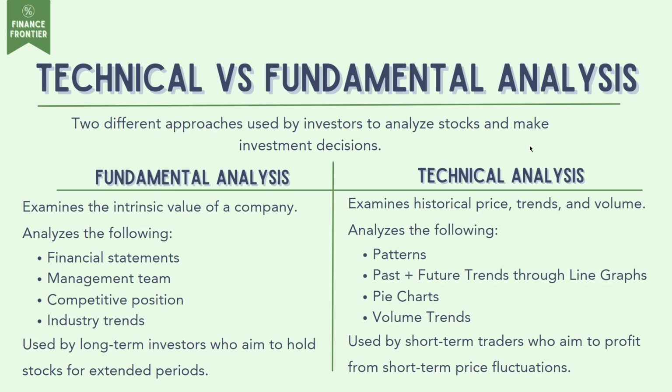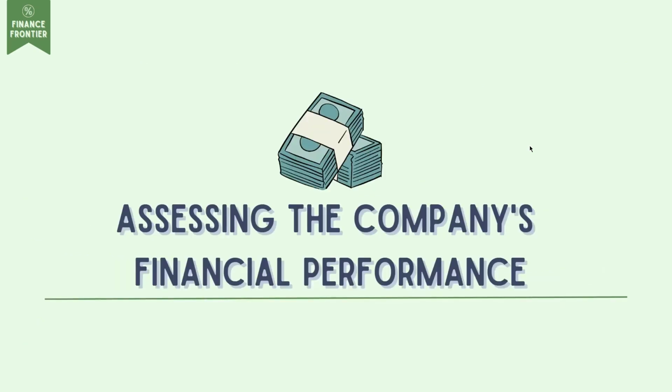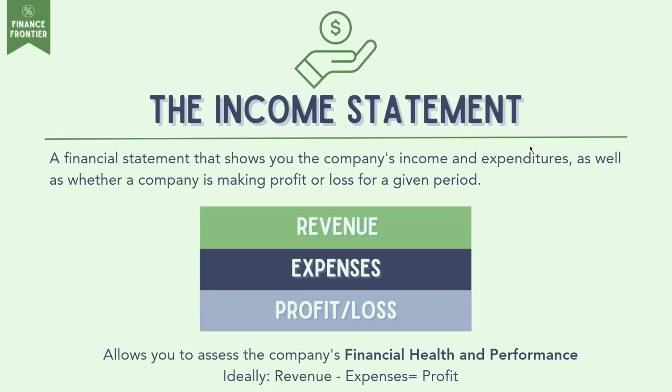Furthermore, a very important factor to consider is the company's financial performance, and there are several means to evaluate this. First and foremost, we look at the income statement of a specific company. An income statement is basically just a financial statement that shows you the company's income, expenditures, as well as whether a company is making a profit or loss for a given period.